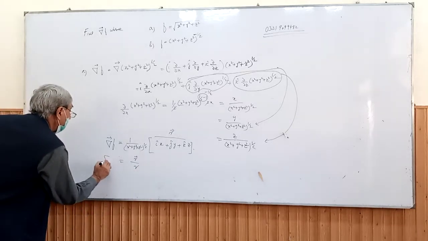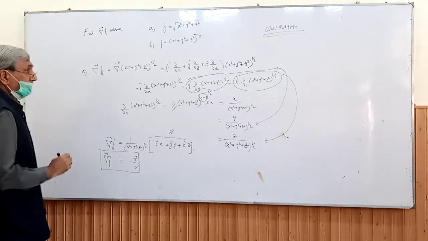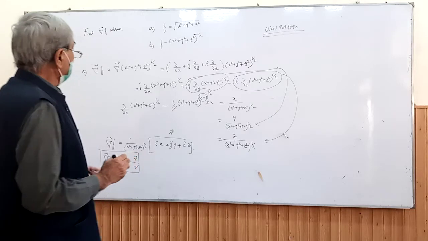So del f is equal to that quantity, and that is the answer of that. That is the first part.